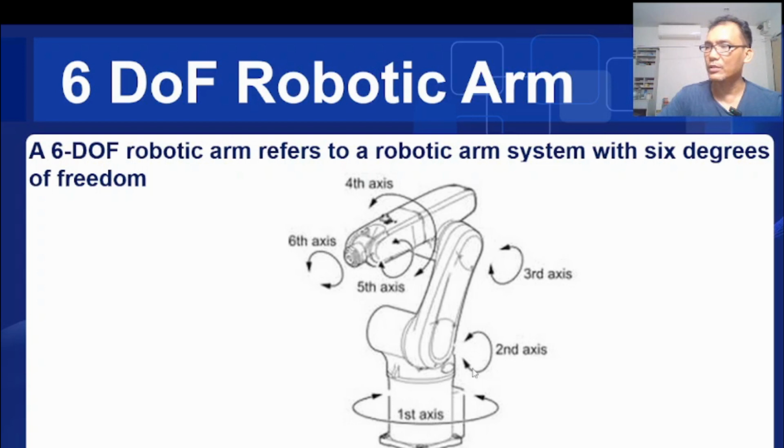This is the first axis, and this is the second axis, third axis, fourth axis, fifth axis, and the sixth axis. So there are 6 independent ways the arm can move in 3-dimensional space. These degrees of freedom are typically associated with the rotation or movement of joints in the robotic arm.